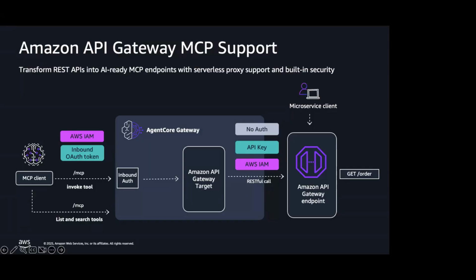All the protocol translation happens for you automatically here. And it basically allows your agents to look up and discover those APIs as tools effectively. This feature is now GA, and it's available everywhere that Agent Core exists, in all those regions. So next slide, please.